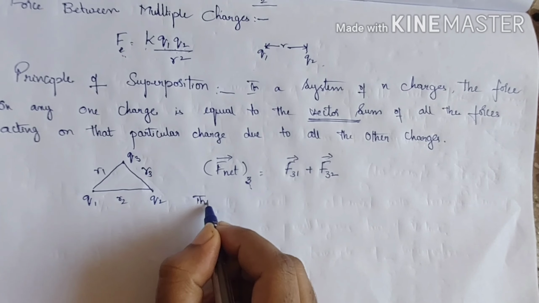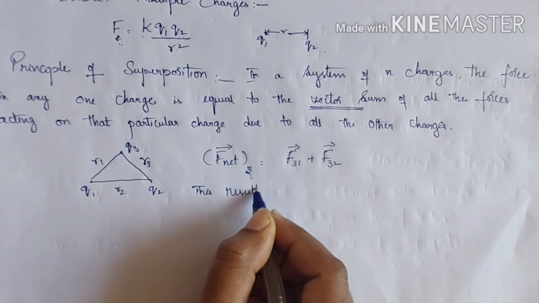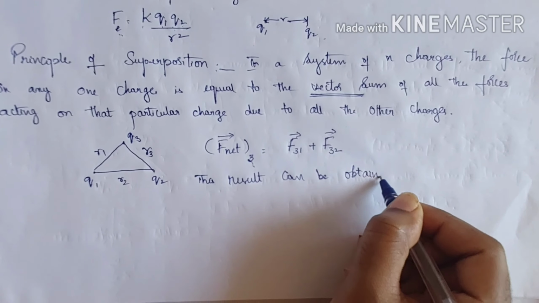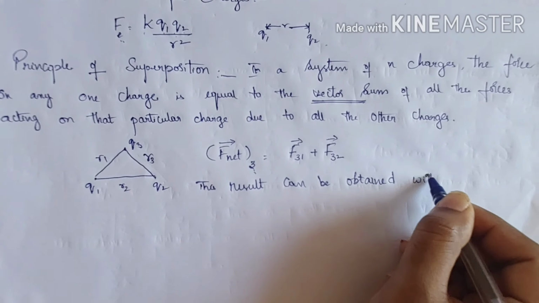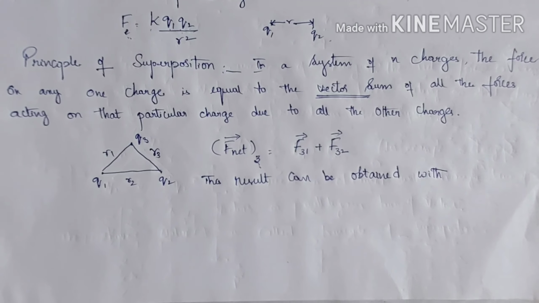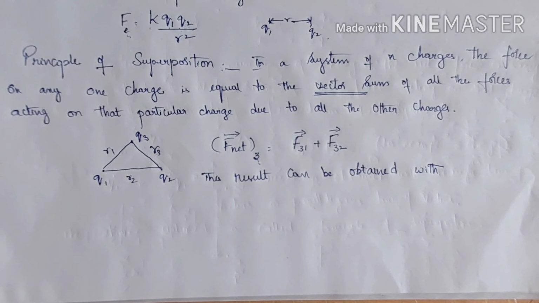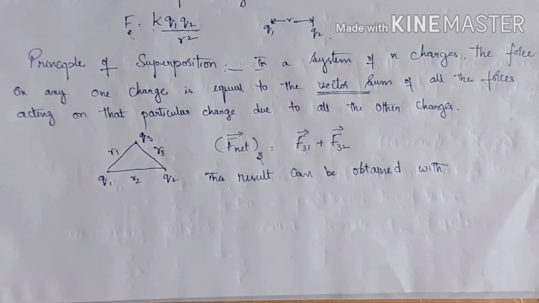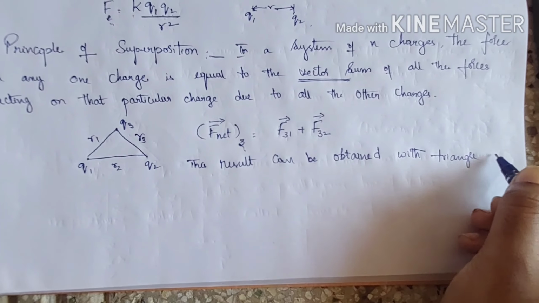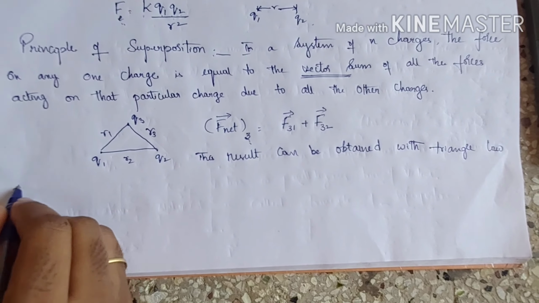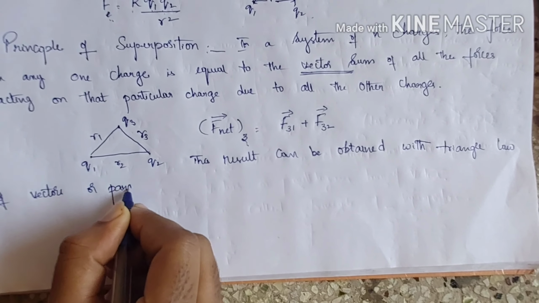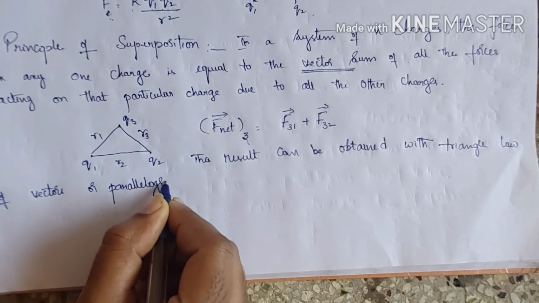So how do you calculate the vector sum of forces or electric fields? When you are taking the vector sum, the result will be calculated either by the triangle law of vectors or the parallelogram law of vectors.